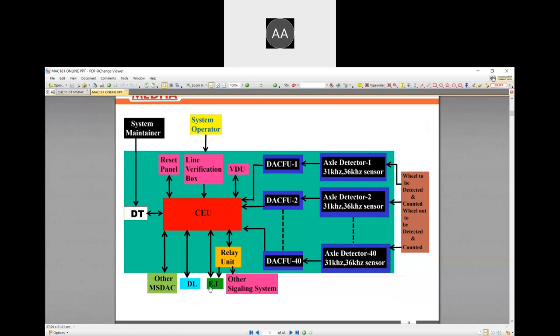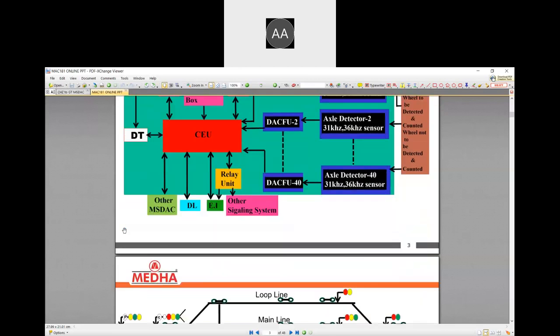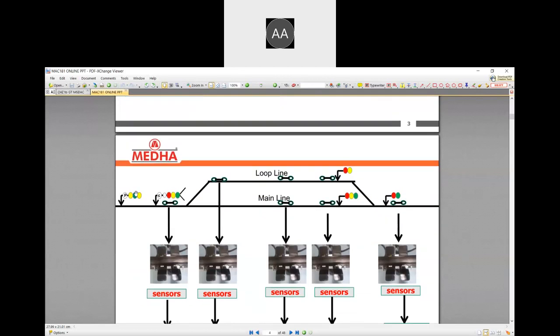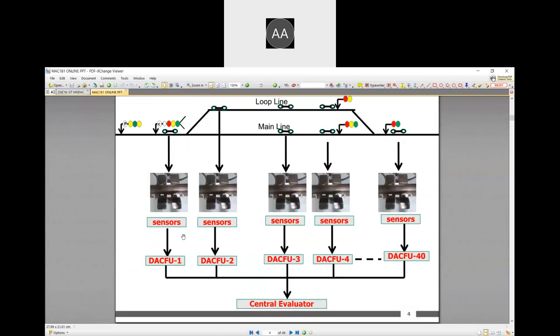Or if another EI is there, then a relay unit is required. So this is the system architecture, how the system connects and how information is collected from one system to another. The maximum number of sensors or DSFU is 40, as discussed earlier.